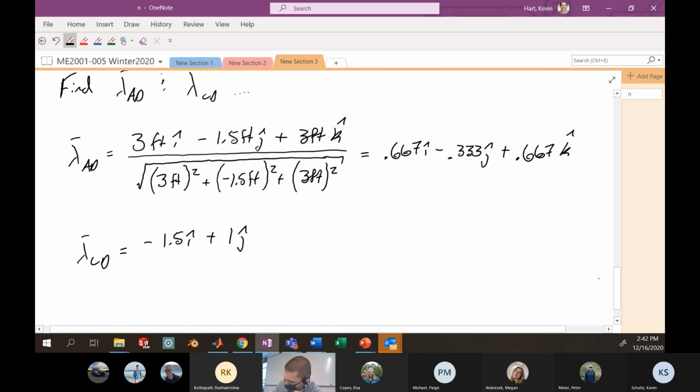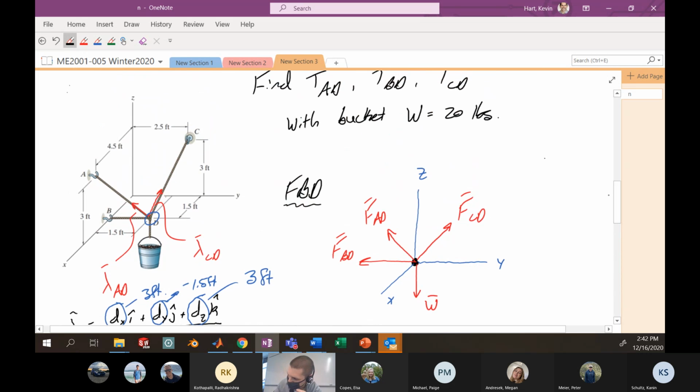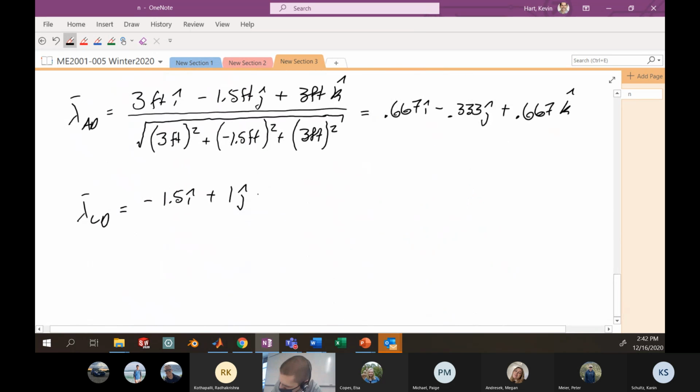I'm going to drop the feet for now. And then finally in the z direction, point D again is in this xy plane. So to get to point C from D, I have to go up 3 feet. So this will be plus 3 k hat. The units on this are feet. I'm dropping the units because they're going to cancel anyway.